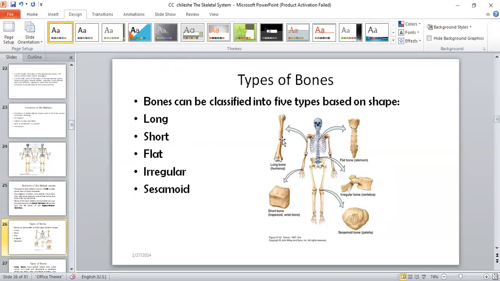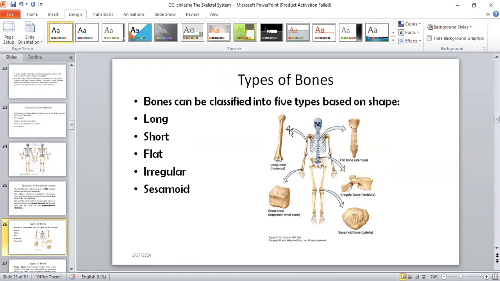So you're going to find long bones in places such as the humerus in the arm, the ulna and the radius, even the bones of the fingers, the phalanges. All those are long bones.